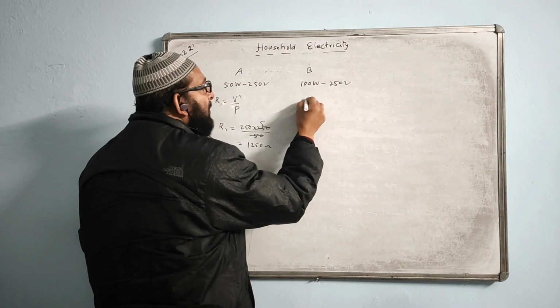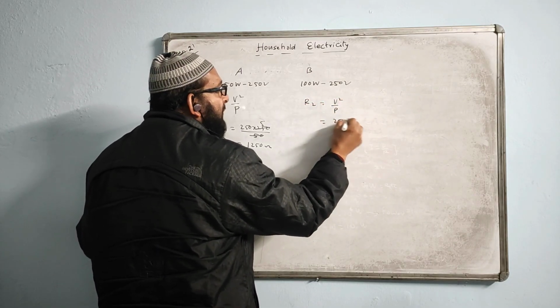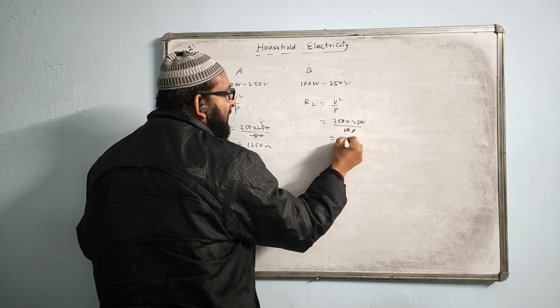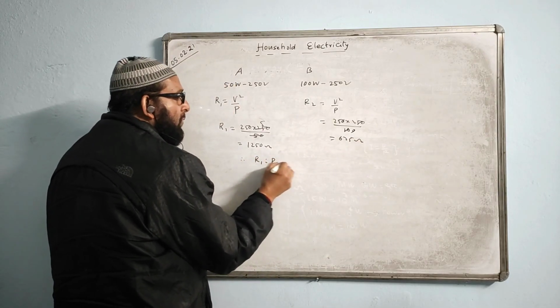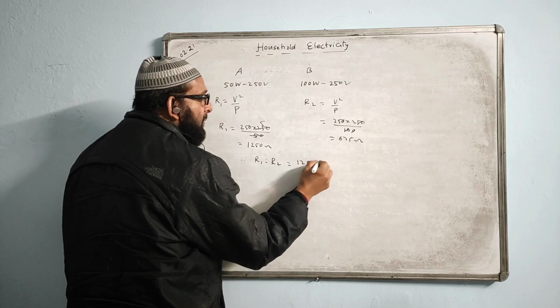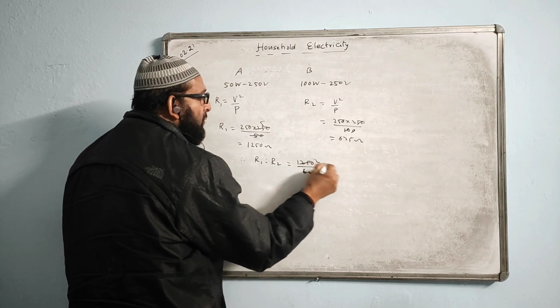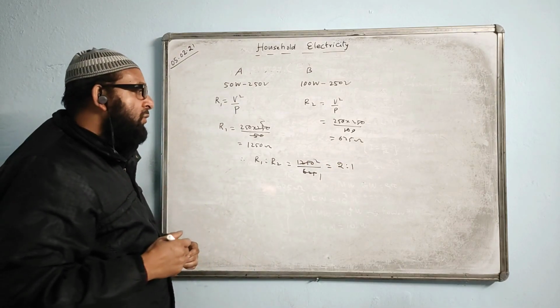The resistance of the second bulb you can find the same way, with the V squared by P formula: 250 into 250 and power is 100. Cancel, you get 625 ohm. Therefore, R1 is to R2 will be equal to 1250 by 625. Cancel it by 2. The answer will come 2 is to 1. The resistance ratio will come 2 is to 1.